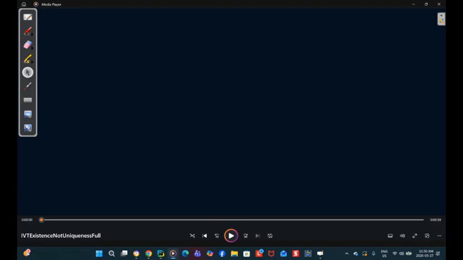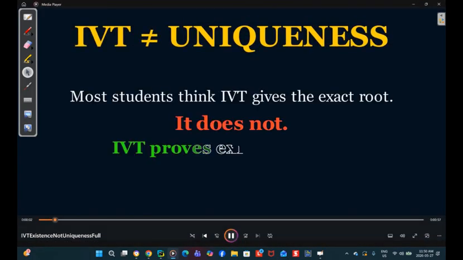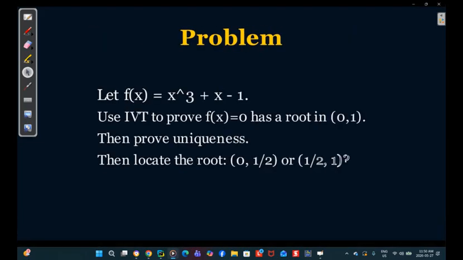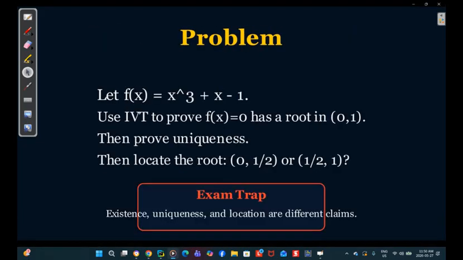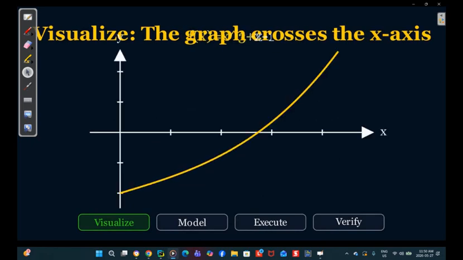Location. Well, if you look at this graph, can you answer any of those 3 questions in your head? By the way, for location, I mean what smaller interval contains that root?